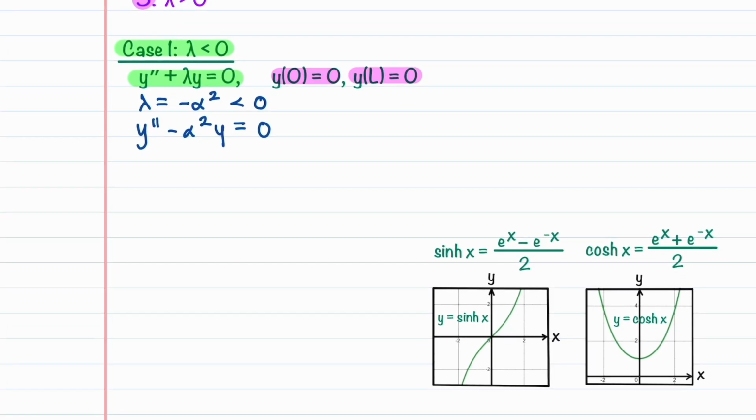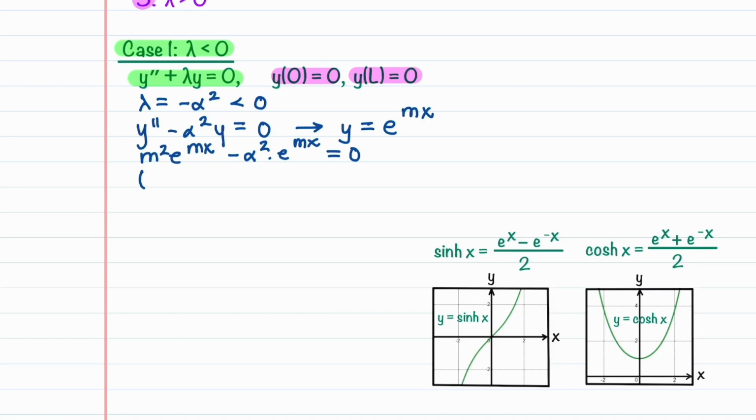This is a second order constant coefficient equation, so the solution to this equation is going to be of the form y is equal to e to the mx. Let's plug this into our equation. If we take two derivatives, we get m squared e to the mx, and then we subtract off alpha squared times e to the mx, and we'll set that equal to 0.